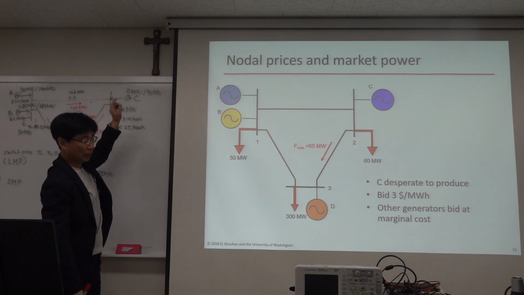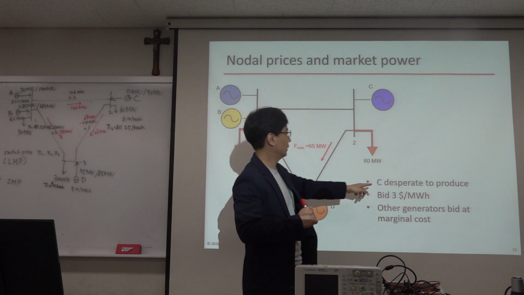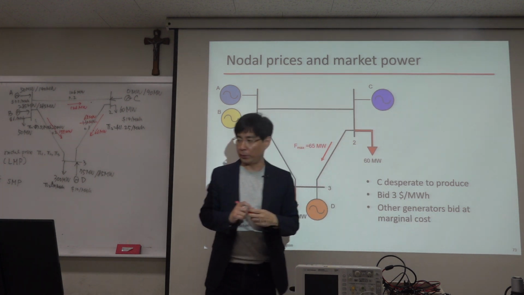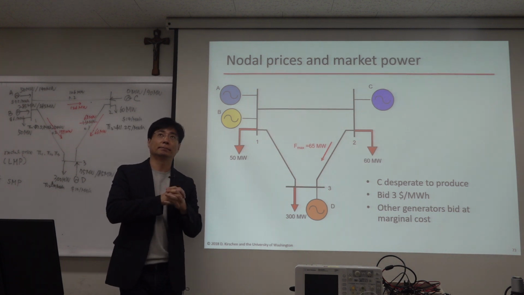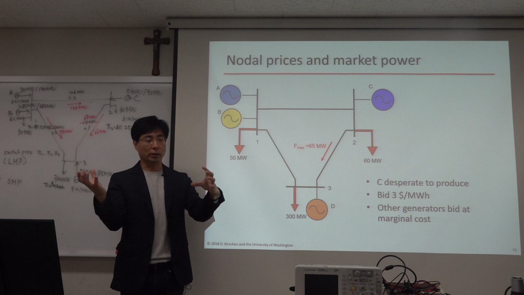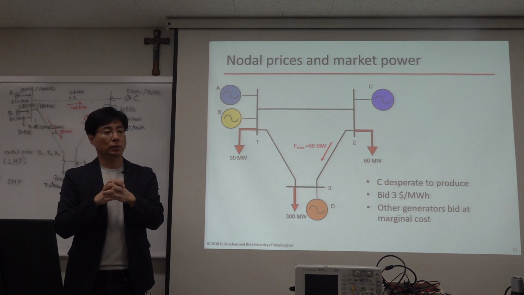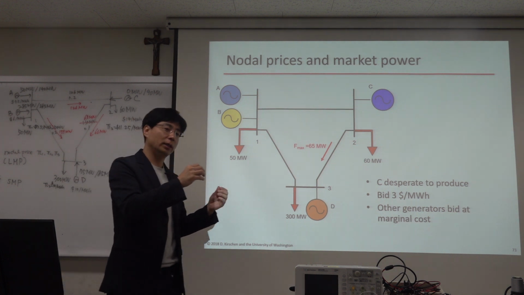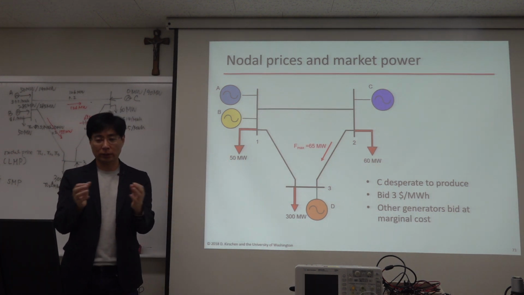So it generates zero power. But this guy is desperate to produce, which means that even if the output power is zero, it needs to turn on the power generator and it incurs some cost. But he doesn't want to turn it off, because turning it off and turning it on incurs additional cost.